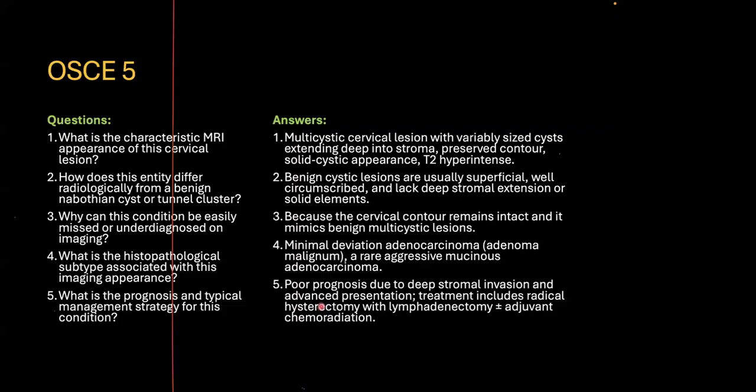Benign cystic lesions would be more superficial. There won't be any deep stromal extension. Why can this condition be easily missed or underdiagnosed? Because it is usually cystic and gives an appearance of being benign. It mimics benign pathology because of the predominantly cystic nature, and the cervical contour is also maintained.